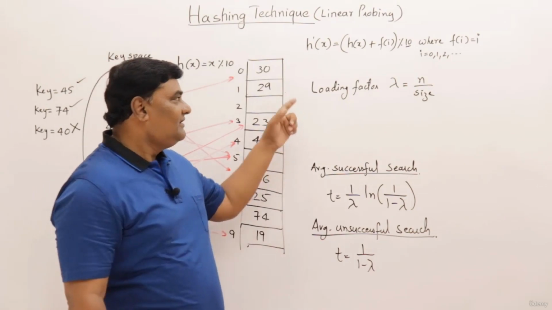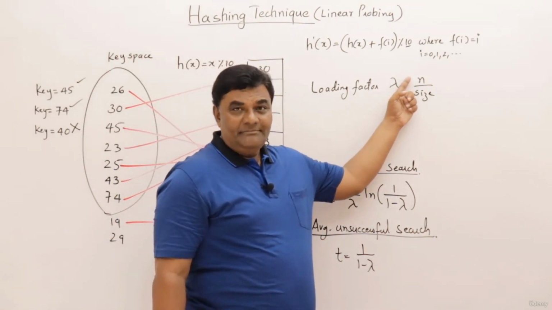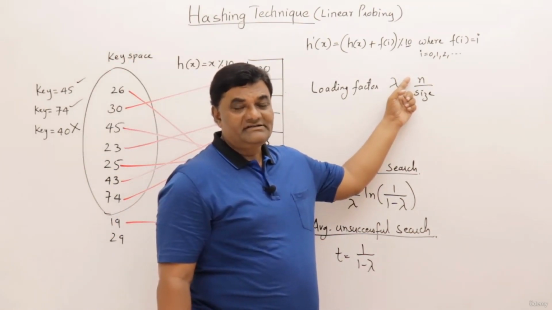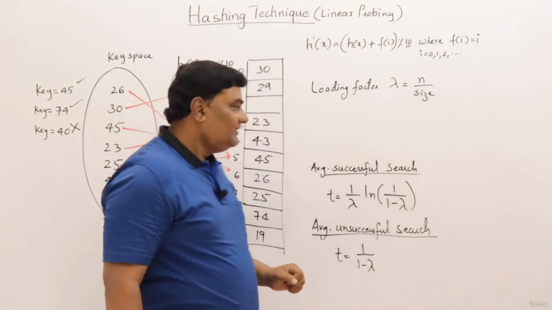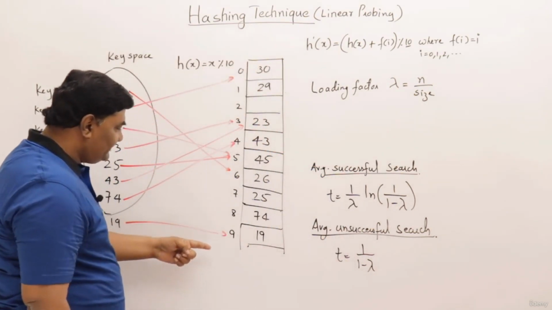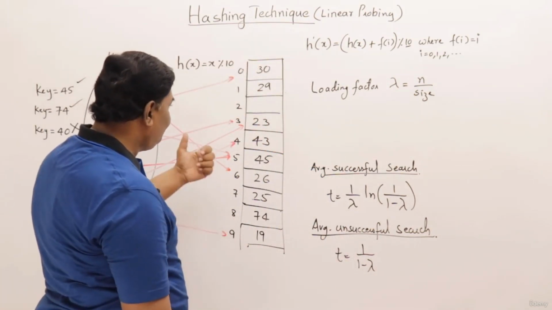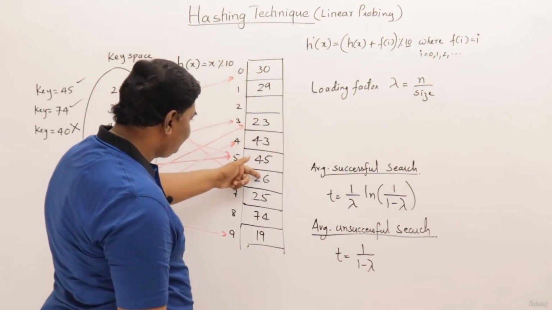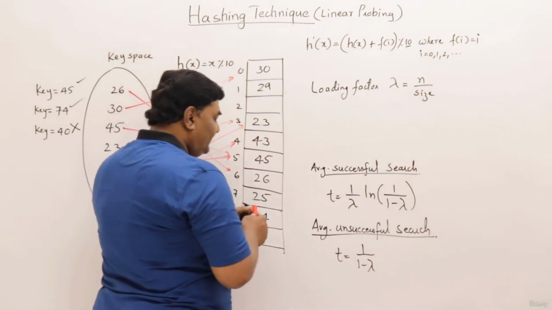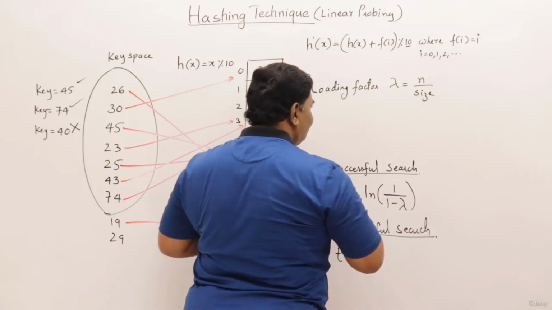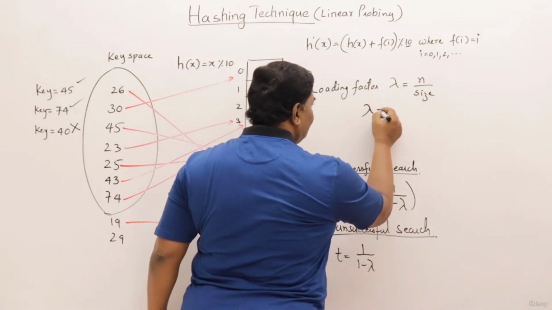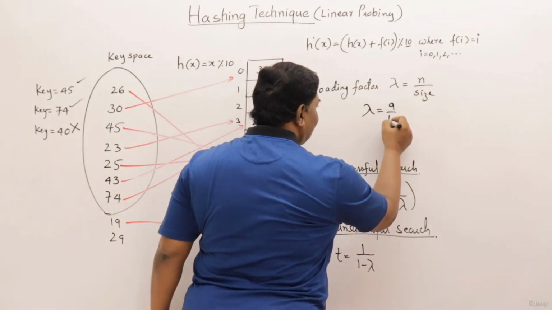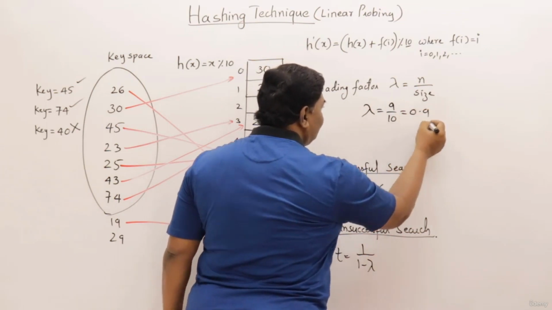So what is loading factor? Loading factor is number of elements or number of keys divided by the size of the table. In my example, the size of the table is 10 and the number of elements I have is 1, 2, 3, 4, 5, 6, 7, 8, 9. So loading factor is 9 by 10. This is 0.9.